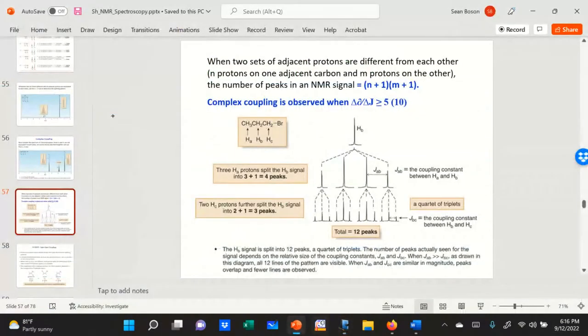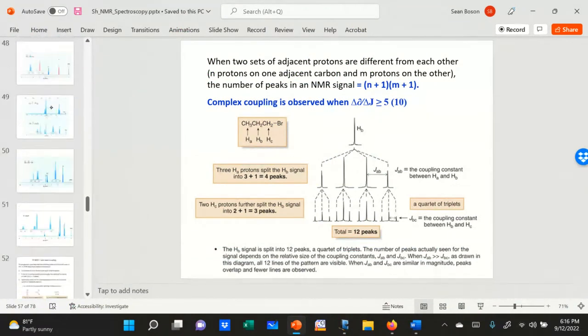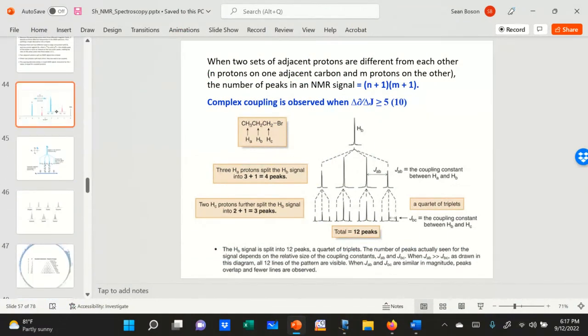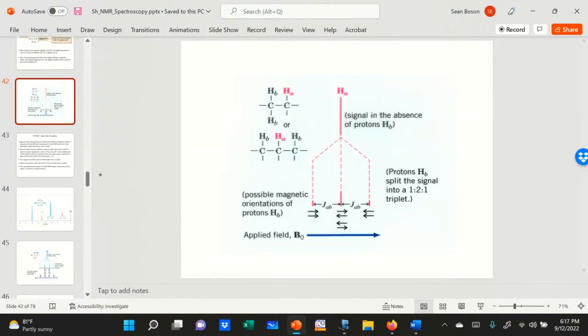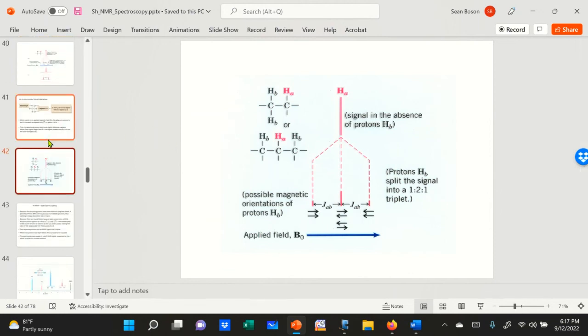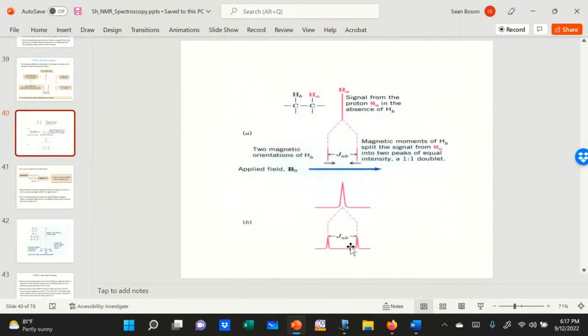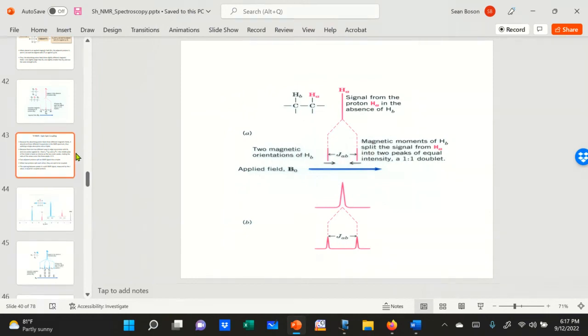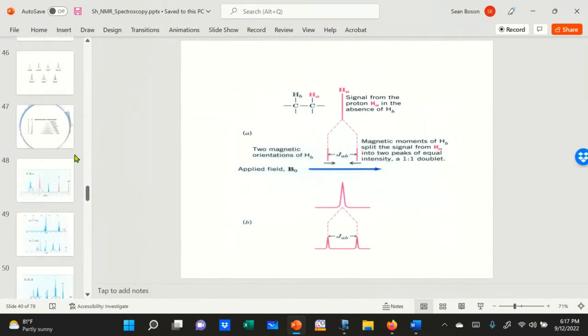However, one quick thing to be indicated, that when you have a coupling, like I just showed, the gap between two coupled signals in the multiplet is called the coupling constant, given by J. Here it is showing JAB, coupling constant JAB.